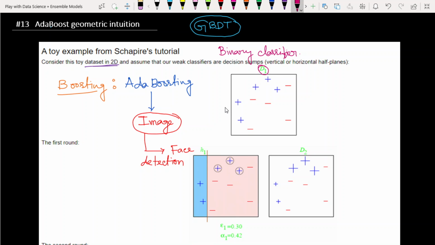If we take a decision tree with depth 1, it is a simple decision tree with depth 1. In general language, a decision tree of depth 1 is called a decision stump. So this is our first initial stage.